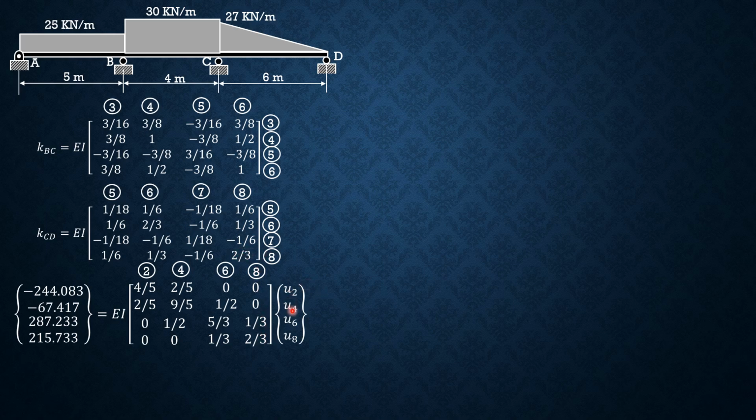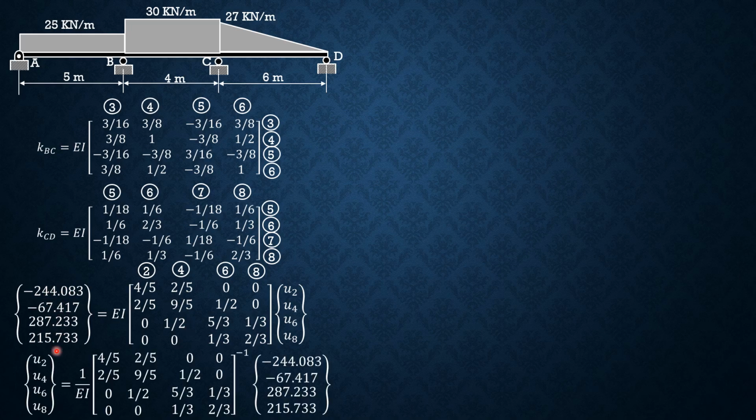So we can now compute these global displacements U2, U4, U6, U8, which correspond respectively to theta A, theta B, theta C, theta D, by the product of the inverse of this matrix and these global nodal forces. So U2, U4, U6, U8 is 1 over EI times the inverse of this global stiffness matrix and these global forces.